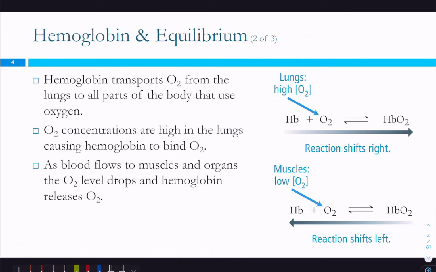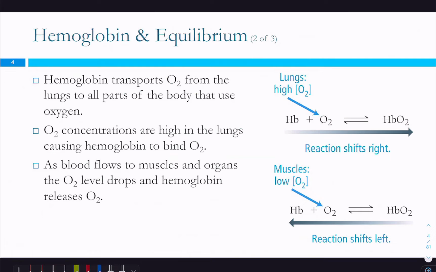And it does that by taking advantage of the equilibrium of oxygenated hemoglobin and unoxygenated hemoglobin, where in your lungs, there's a high concentration of oxygen, so that adds to the O2 concentration, so it pushes this reaction to the right. And so most of the hemoglobin, when it gets to your lungs, saturates with oxygen. Right? All becomes the oxygenated form of hemoglobin.